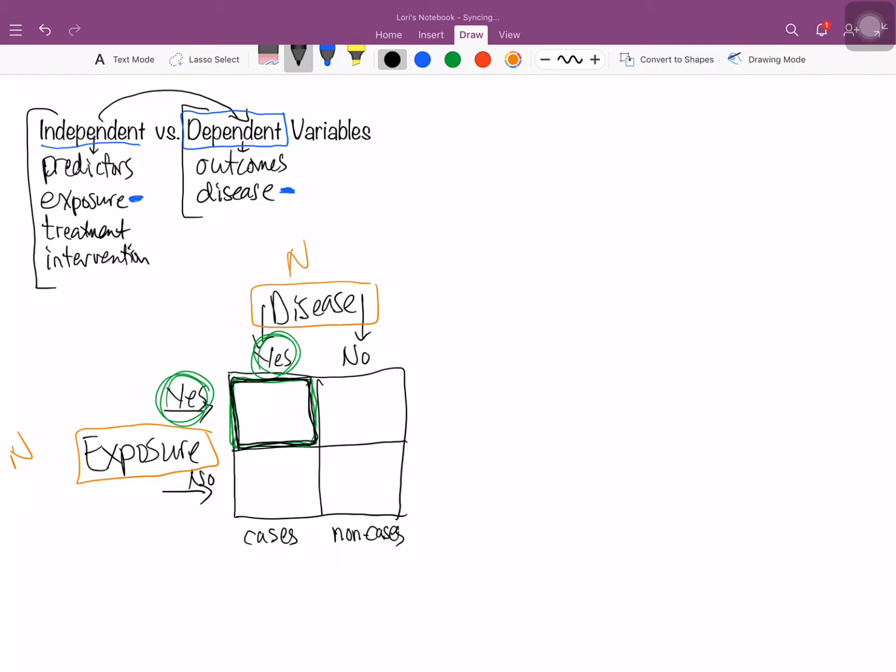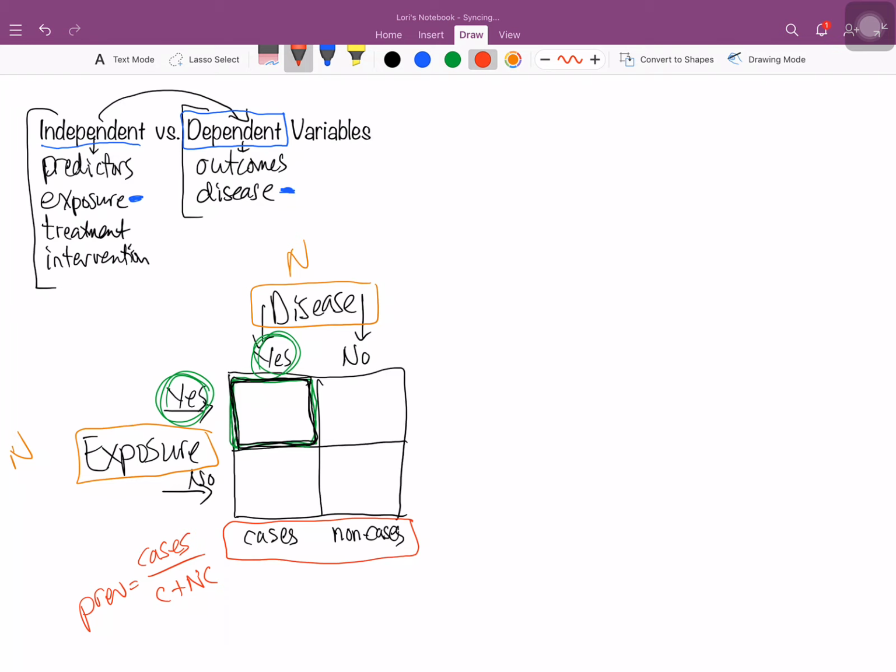Hopefully, if we were to ignore this whole top of the table, let's say we ignore everything about the exposure and we're just focused down here on cases versus non-cases. If you remember, prevalence is equal to cases over cases plus non-cases. In other words, our total population that we have at that particular given time.